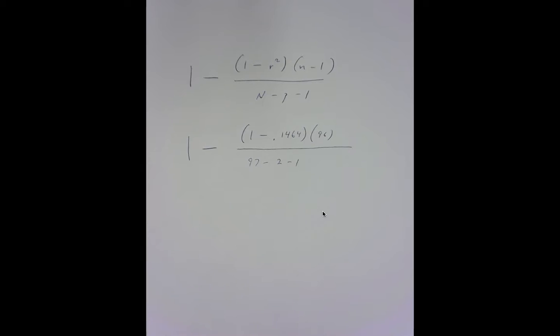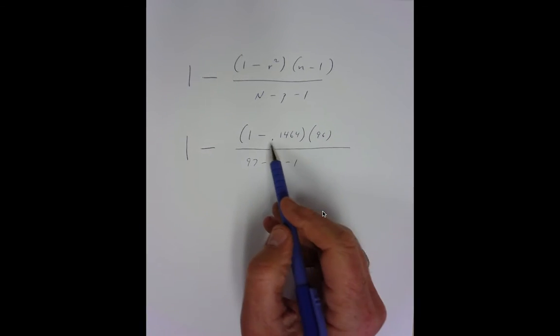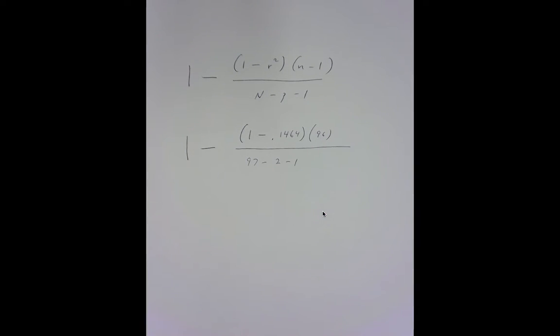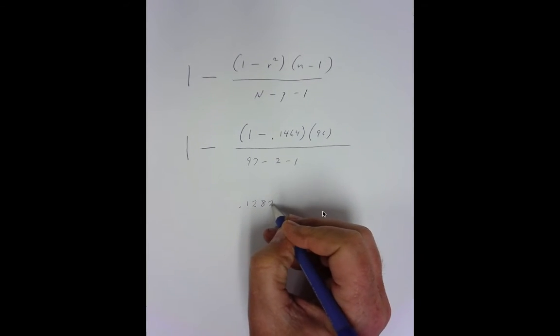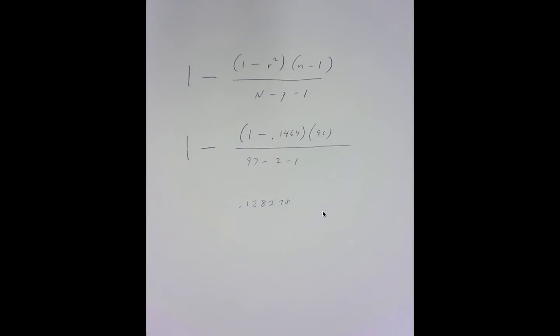So if we can put that in our calculator correctly, I'm going to multiply this out first. So I'm going to take 1 minus 0.1464, and multiply that by 96, and then divide that by 94. And I'm going to take 1 minus that answer. So I get 0.128238.